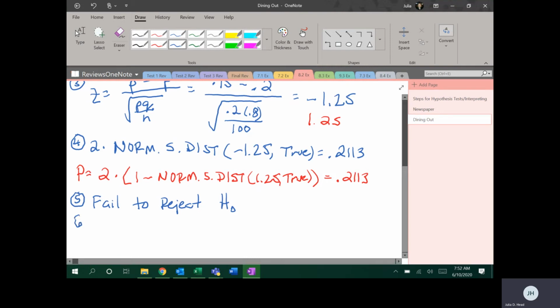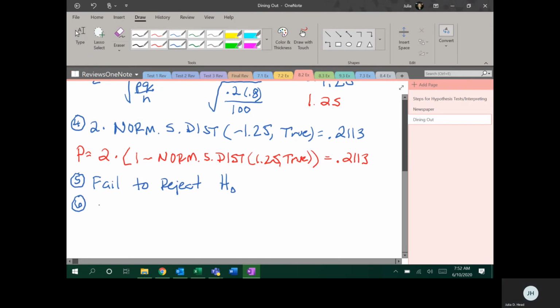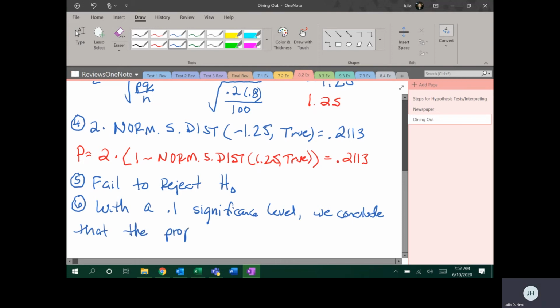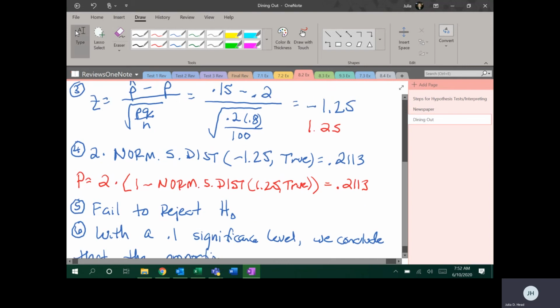And then my interpretation, again, probably the hardest step. So we start with the level of significance. And we say what we conclude. And in this case, it's a proportion question, not a mean question. And we talk about what we were counting.